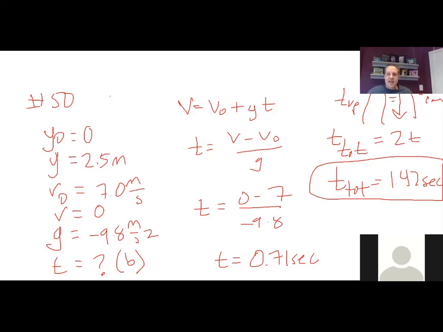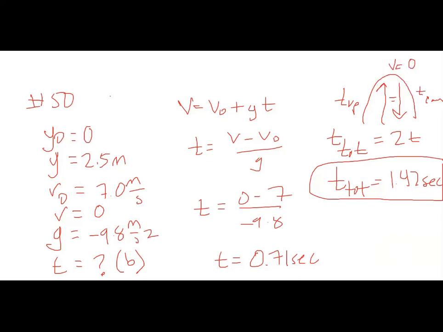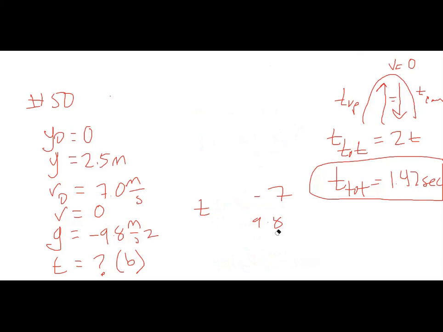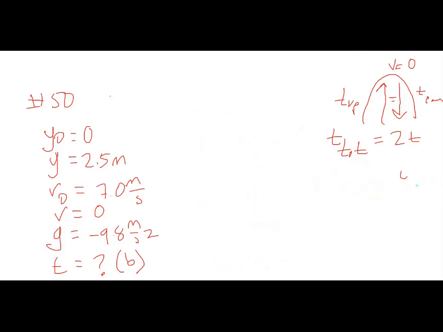If we did it mathematically, the other way we could do it is for the whole trip, right? If I erase this, one of the rules of free fall tells us that the initial velocity on the way up, whatever it leaves your hand, is the same velocity it returns to your hand at.